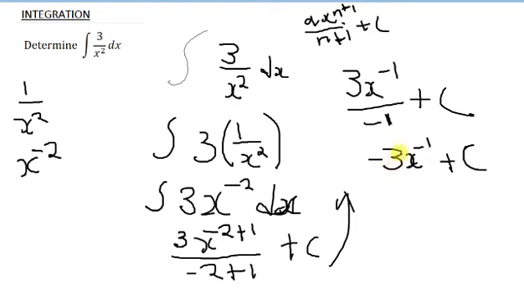So we'll go back again to the laws of indices. Remember, since we have this on our answer, we now want to turn it back to this. So how are we going to do that?